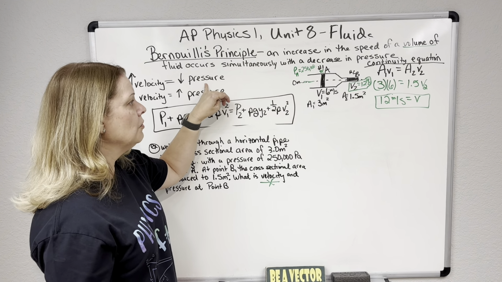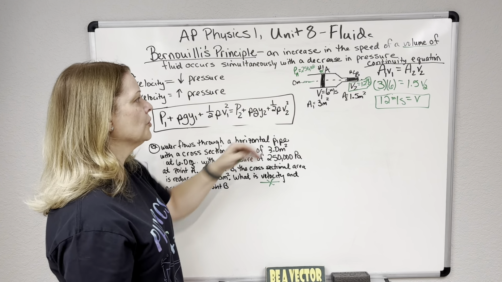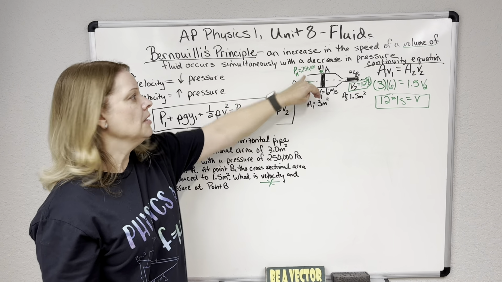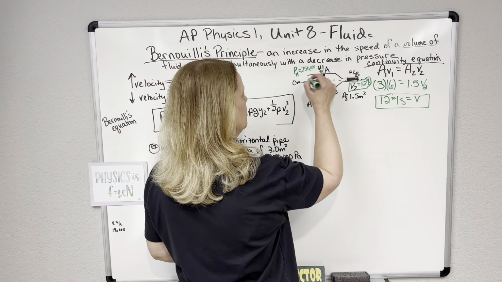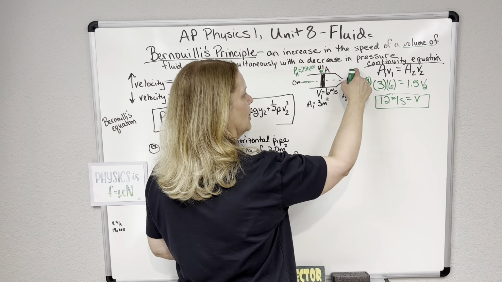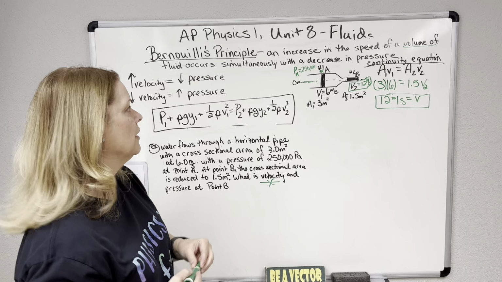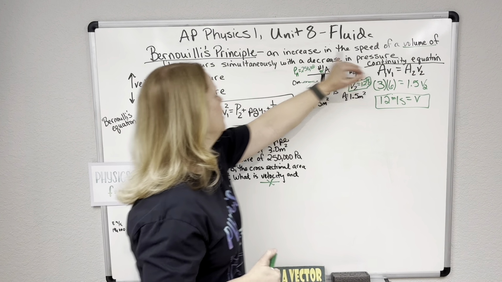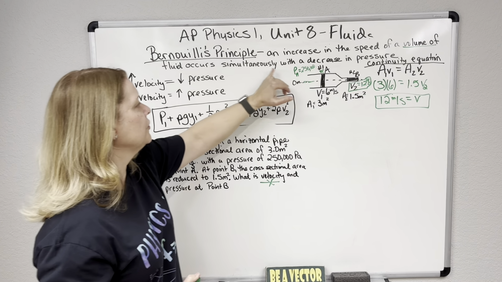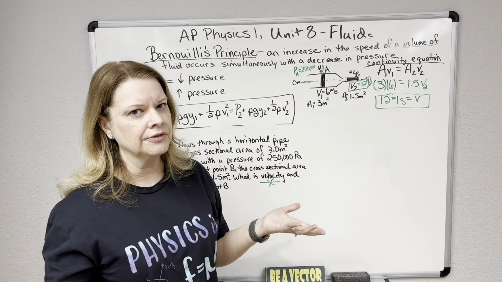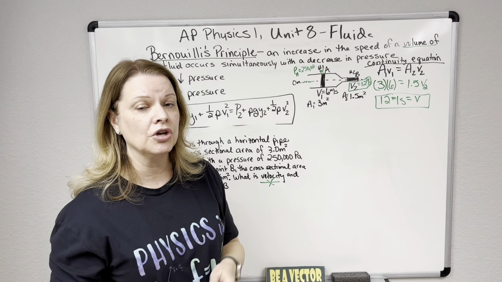So we're expecting a number that is less than 250,000 pascals. Because we have high pressure here with a low velocity, we should have a lower pressure with a higher velocity. An increase in the speed of a volume occurs simultaneously with a decrease in pressure. So I need to get something less than 250,000, and that's going to be a good check at the end.